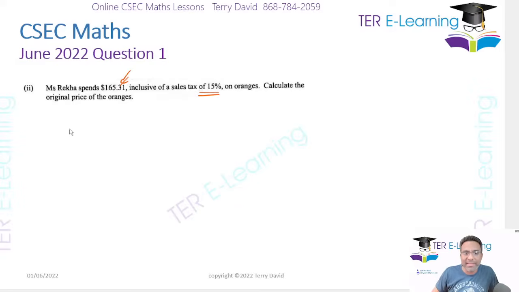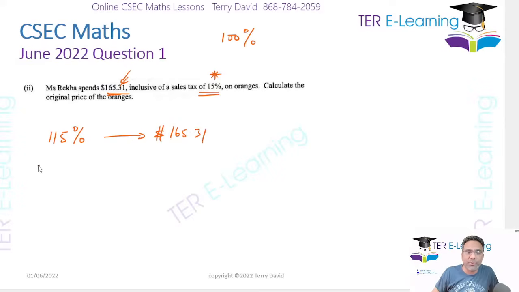So what that really means is that this amount, 165.31, is worth 115%. Remember, your original figure or your whole is always 100%. But here we have added a tax of 15%. So that 115% is equal to 165.31.